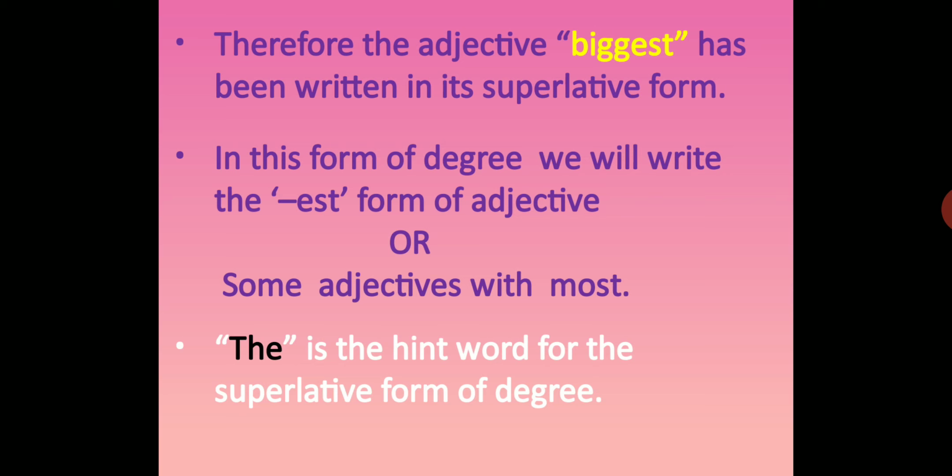If in the sentence there is the, not in the beginning position, before an adjective, then always we will write the superlative form of the degree. It is also called the est form of an adjective.